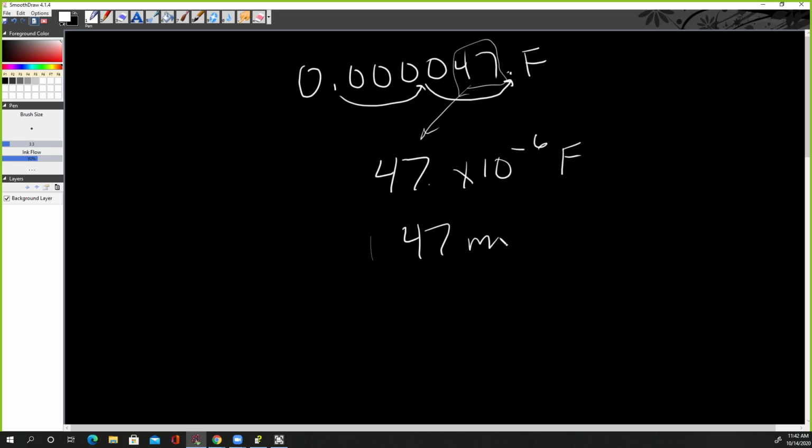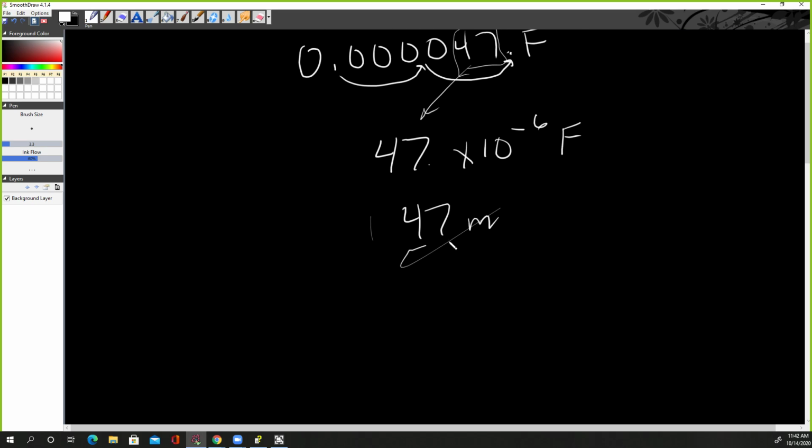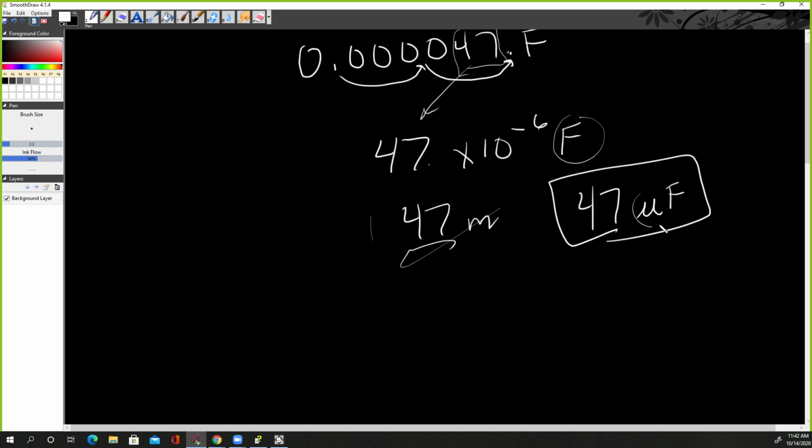So the answer is 47 microfarads. My gosh, my pen's messing up. That would be the appropriate answer, because I used that little symbol there. If you want to use one symbol here, then you can use the one symbol here, so it's just microfarads. And what does that mean? That means 10 to the negative 6. We looked it up.